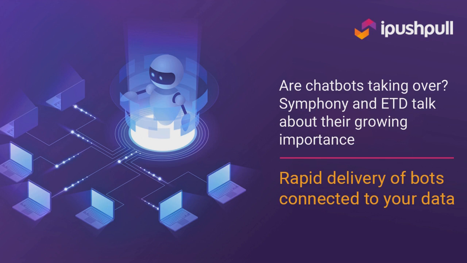So the way that we've connected to your data is, well, there's various ways. iPushPull lets you get data into our platform and then expose it through chatbots in various different ways. At the very basic level, some customers just have an Excel sheet and they can push the data straight into us. But for something that's a bit more systematic, like we've set up with Euromoney, we use two different approaches.